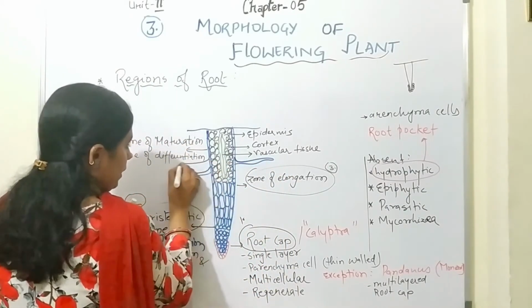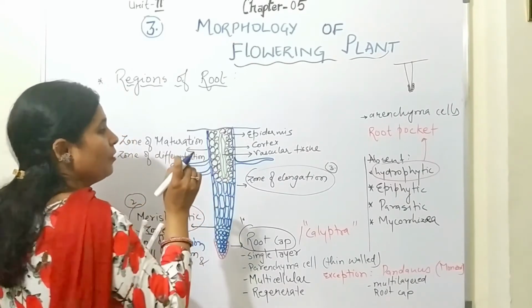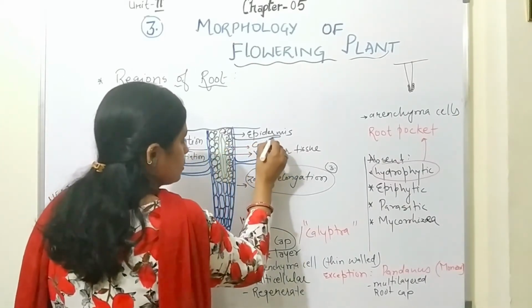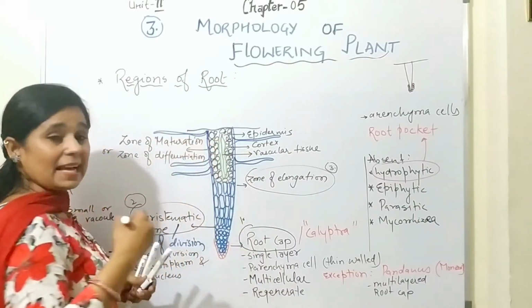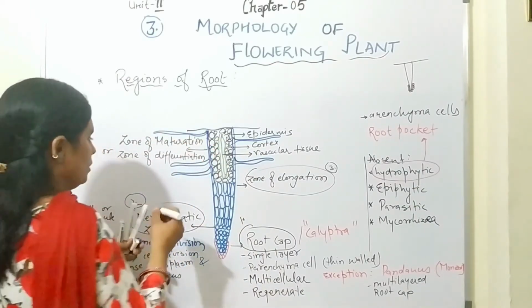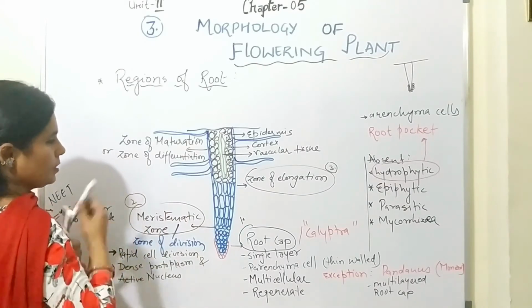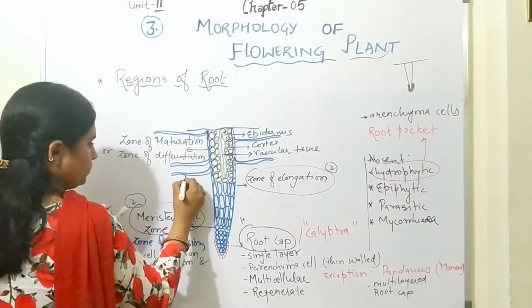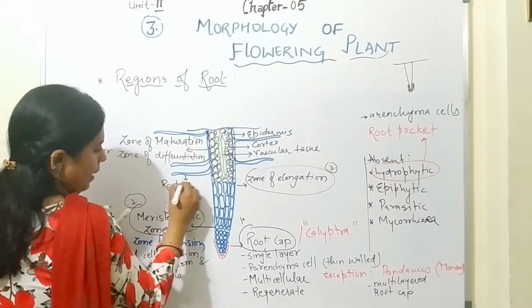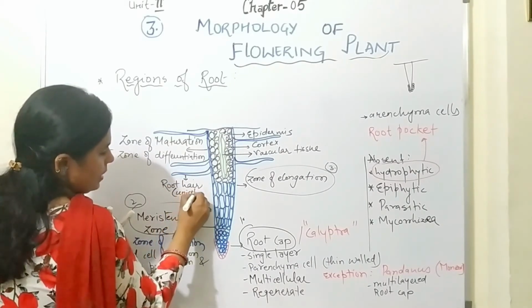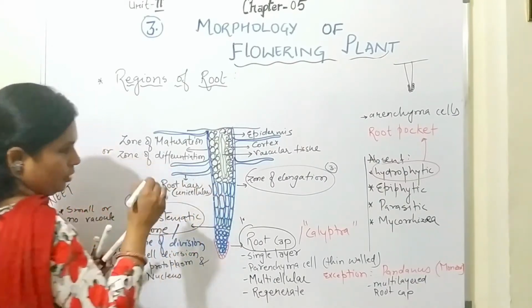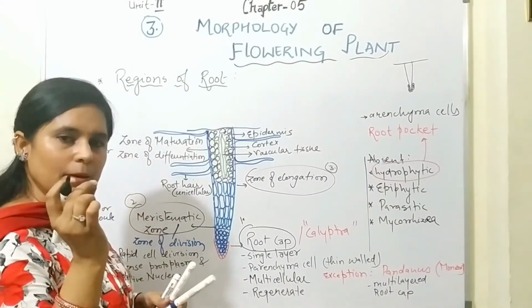Just remember, again I am repeating, that few epidermal cells will increase in length. There will be extension of epidermal cells, which are called root hairs, and they are unicellular structures because they are made up of one epidermal cell.